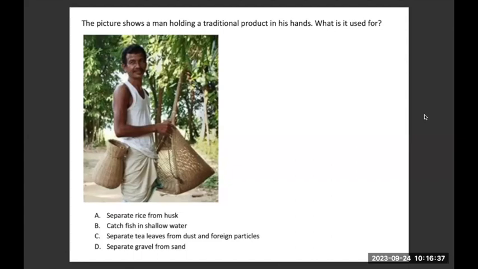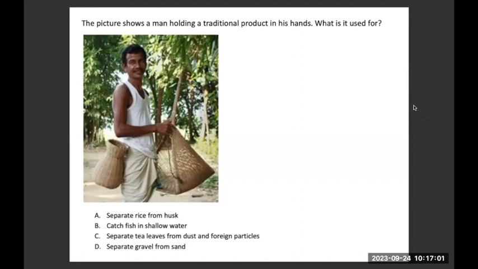Kavya, wrong answer. Mahi, correct answer. Oh, sorry. One second. Yeah, one second. Mahi, wrong answer. Shrujal, correct answer. Anvi, correct answer. Jana, wrong answer. Vansh, correct answer.